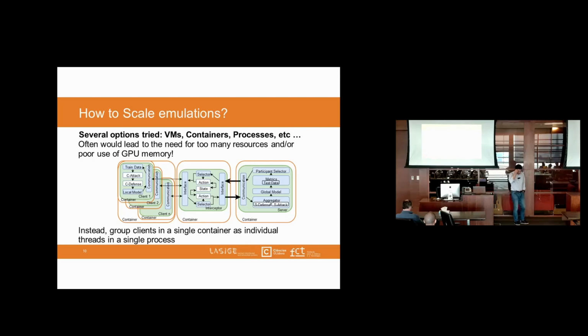Now, when implementing this, and as I said, this implementation has been going for the past 14 months, one of the main hurdles that we had to deal with has to do with the scalability of the system, because we tried different approaches, and at a certain point you get into bottlenecks. Okay?